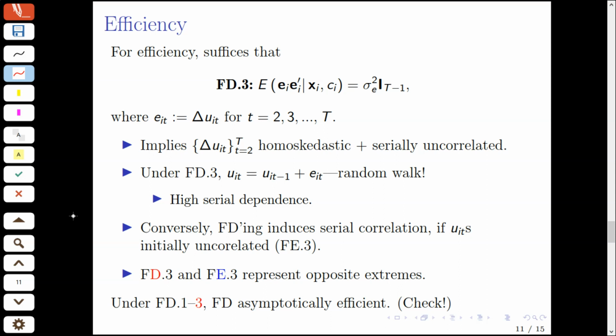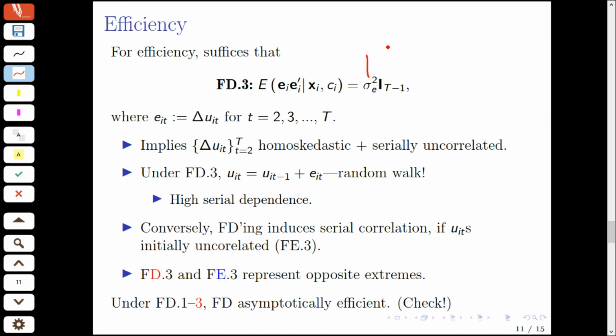So, in order to state this assumption, let eit denote the first difference of uit for each period 2 all the way through capital T. Then our third first difference assumption states that the matrix resulting from the outer product of the ei's, which are the eit's stacked over time, this matrix in expectation conditioning on the regressors in all time periods as well as the individual effect, should reduce to a scalar matrix.